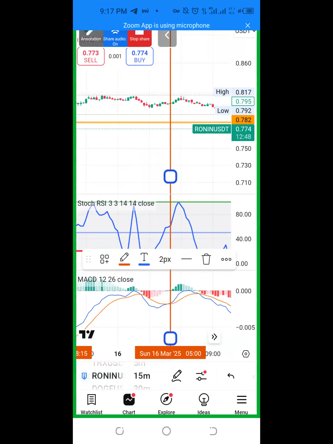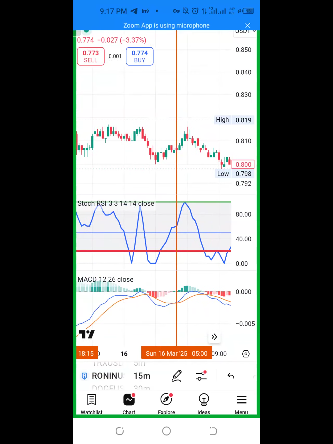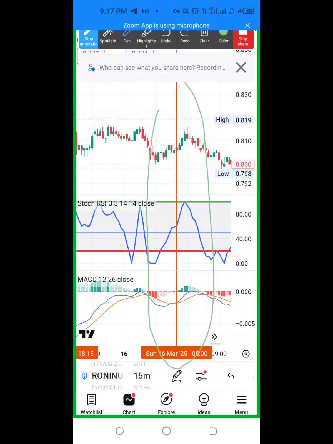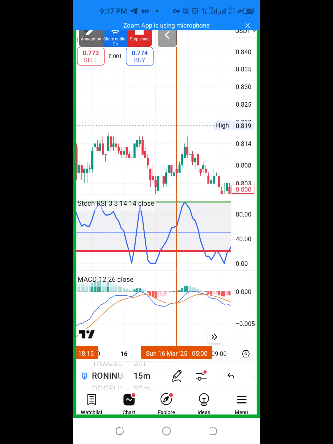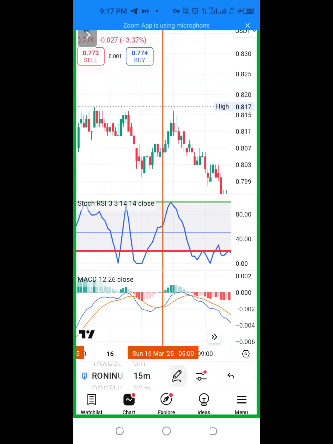On Sunday, it happened, and it did like 2%. This vertical line here, see this vertical line I drew. If I check the profit it did here, these are technical things, so let me do the profits.